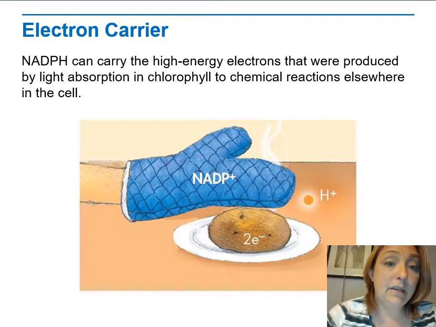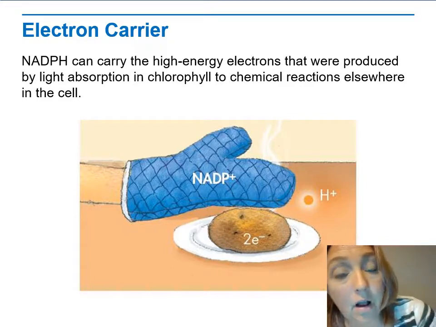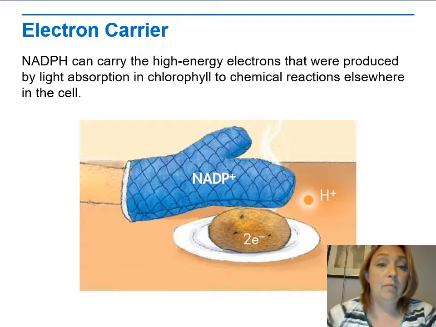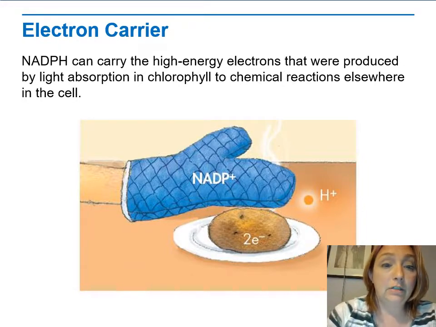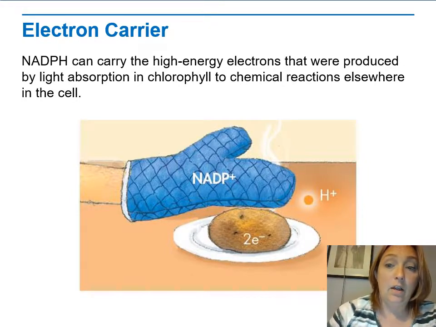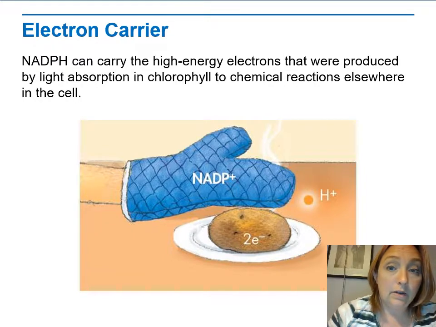So NADPH carries all of that high energy from the light absorption in chlorophyll to chemical reactions elsewhere in the cell, most generally in the stroma.